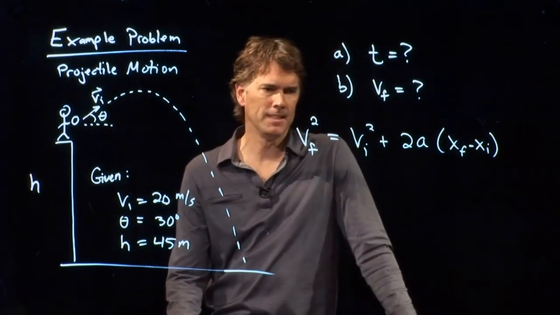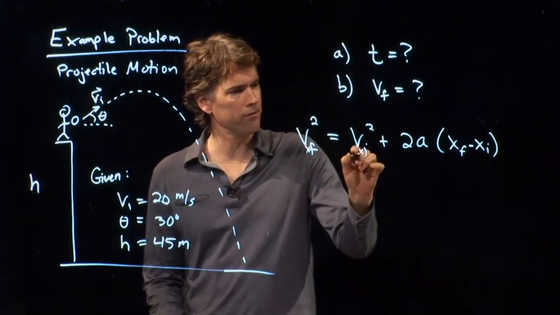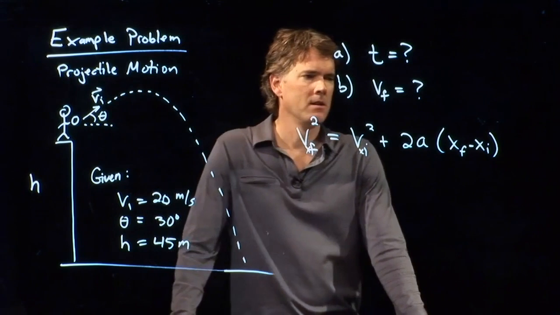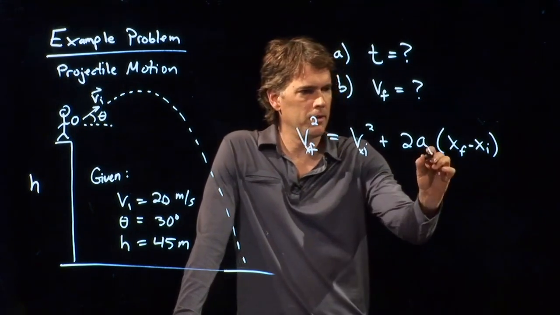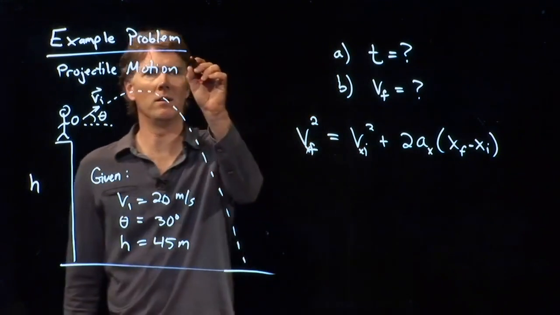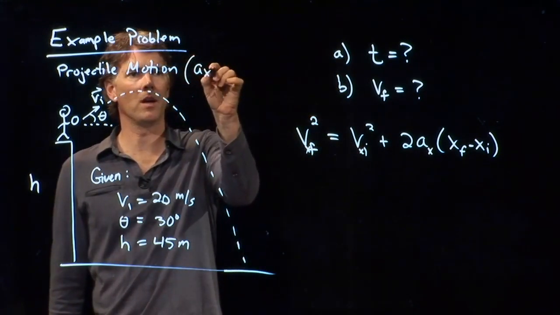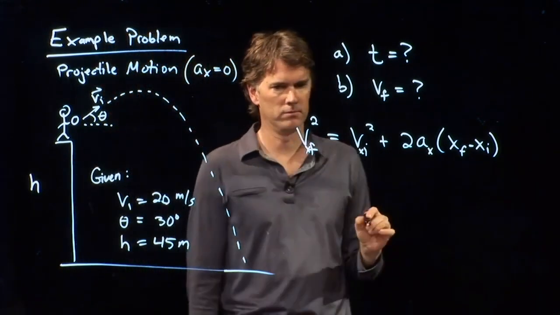Now, is that one going to help us? This is really Vxf squared and Vxi squared. That might help us if we knew a little bit about the acceleration. But if this thing is a projectile, then we know that the acceleration is in fact equal to 0.